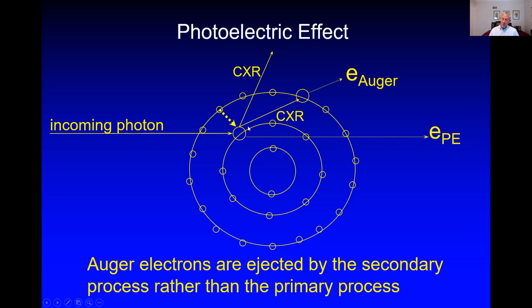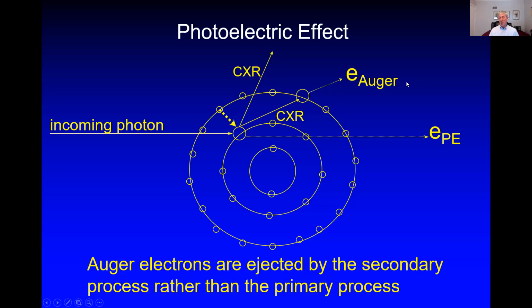And what happened? We left a vacancy right here. And what always happens when an electron is ejected from an orbital is that an electron from a higher up orbital drops down, fills the vacancy, and CXR, that's characteristic X-rays, are given off, and those characteristic X-rays could eject more electrons.